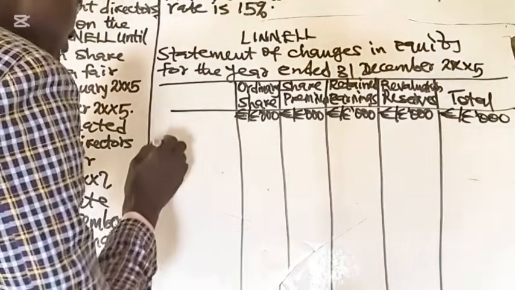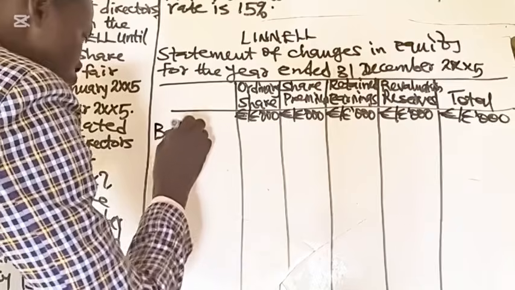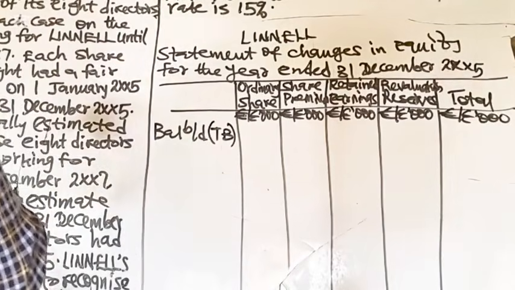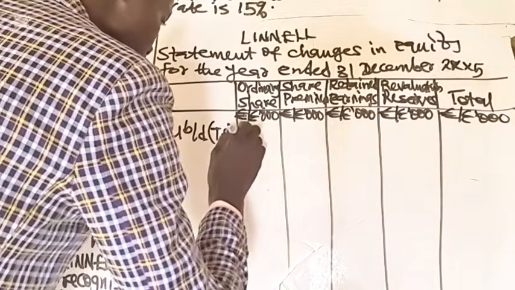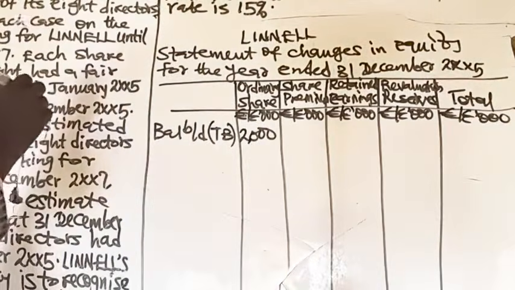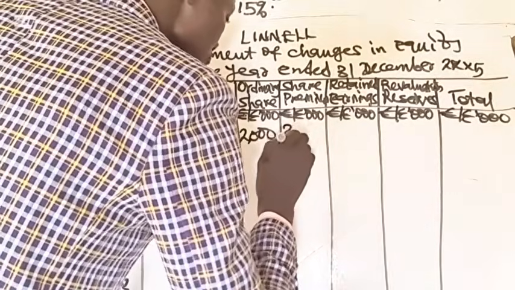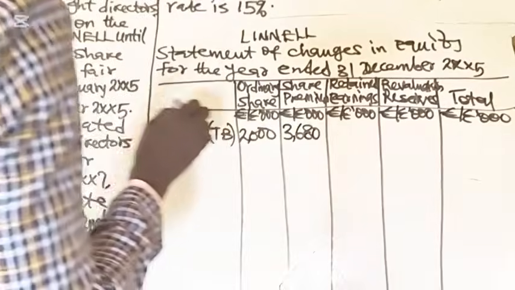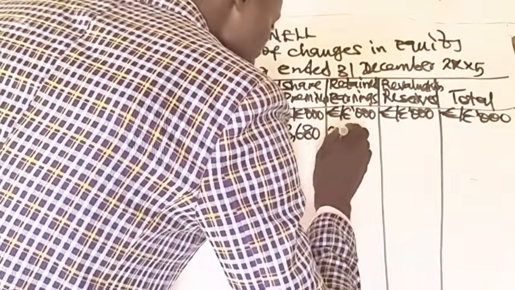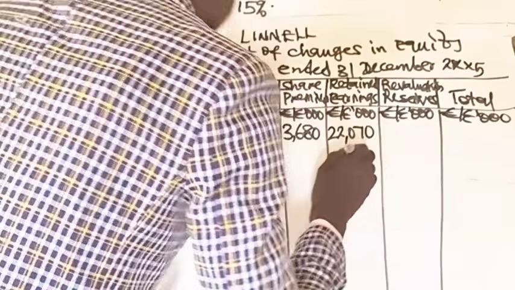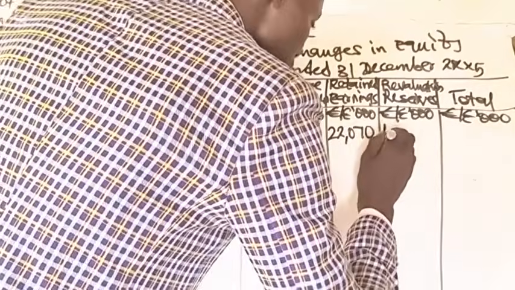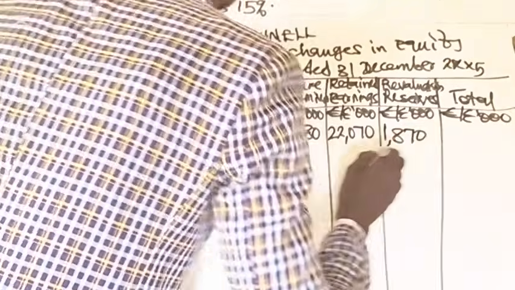So the starting point is the opening balance, balance brought forward. This is obtained from the trial balance. The opening balance in respect of ordinary share is 2 million. Then we have share premium of 3,680,000. Then we have retained earnings of 22,070,000. Then we equally have revaluation surplus of 1,870,000.